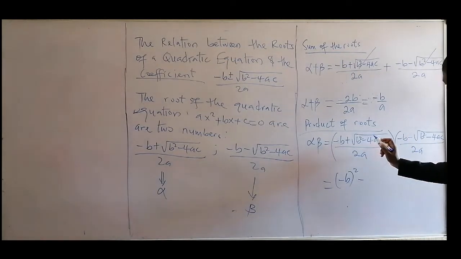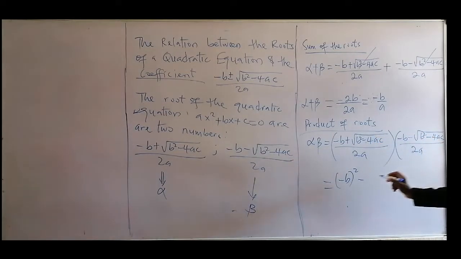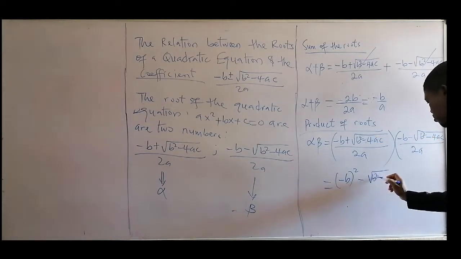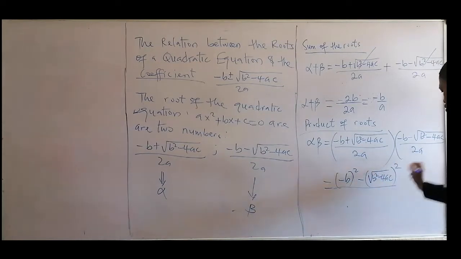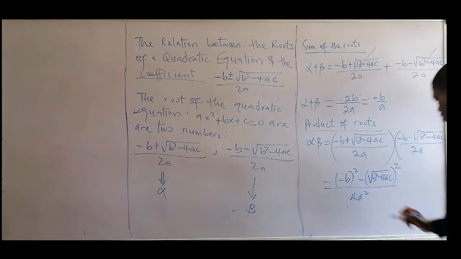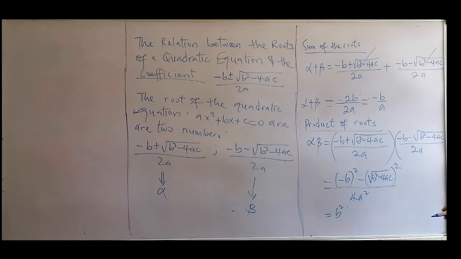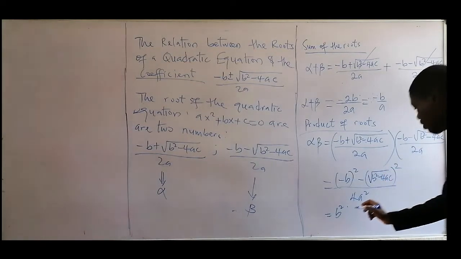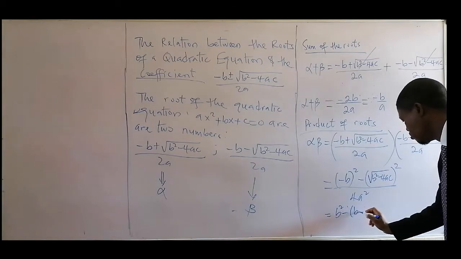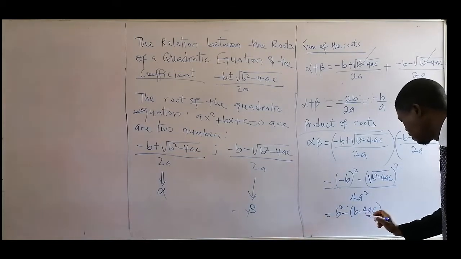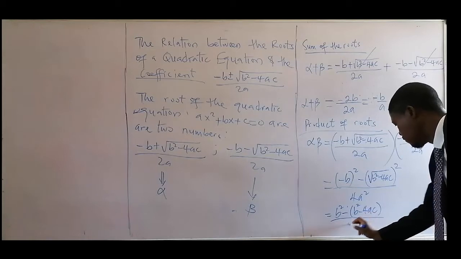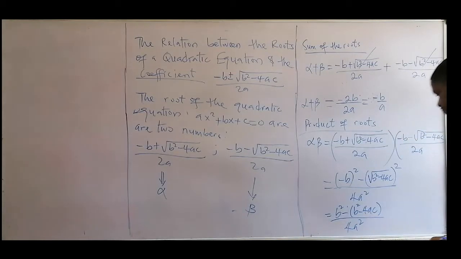When you multiply this one and this one together, that's b squared minus 4ac, all over 2a times 2a, that's 4a squared. When you square, the radical disappears. Then we have b squared minus, in brackets, b squared minus 4ac, over 4a squared.